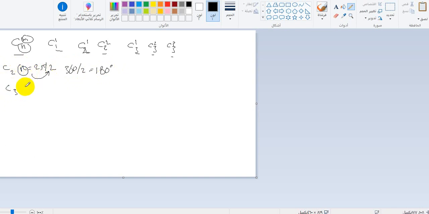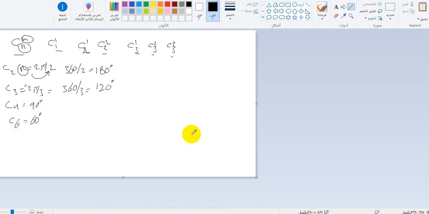C3 equals 2 pi over 3, 360 over 3, 120 degrees. And C4 is 90 degrees, and maybe C6 is 60 degrees.